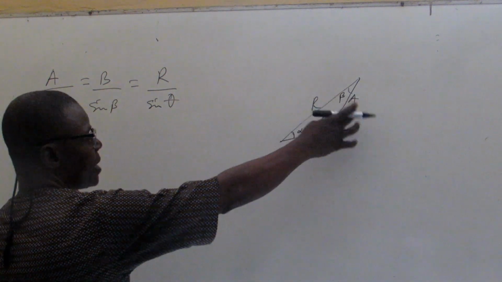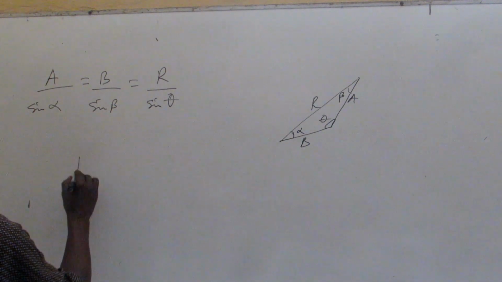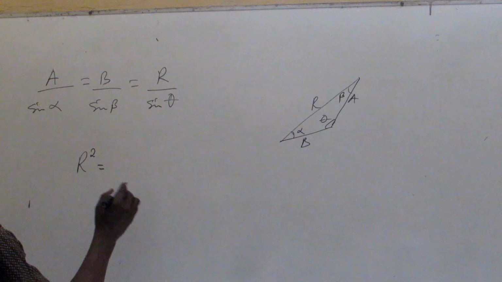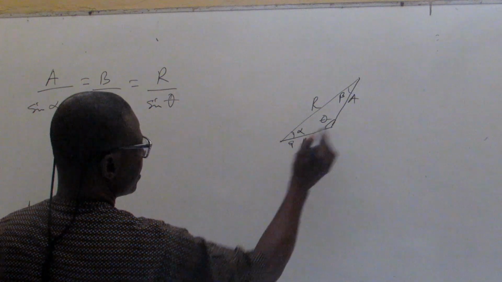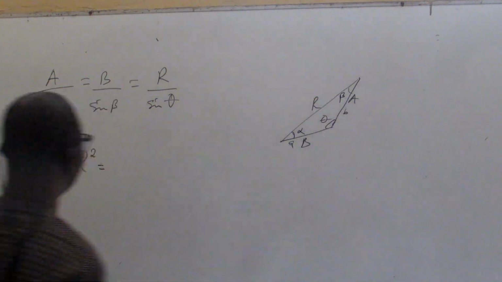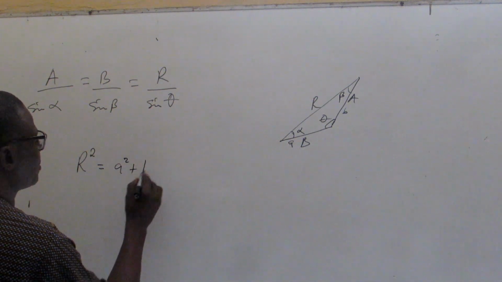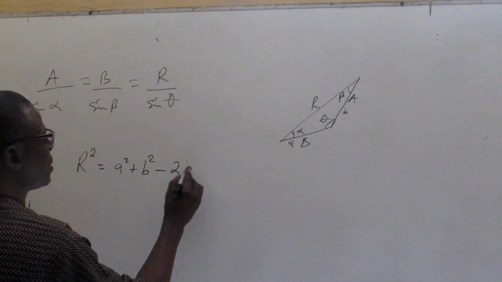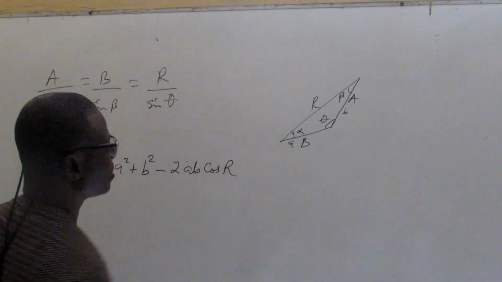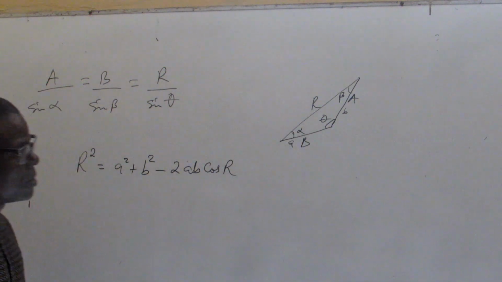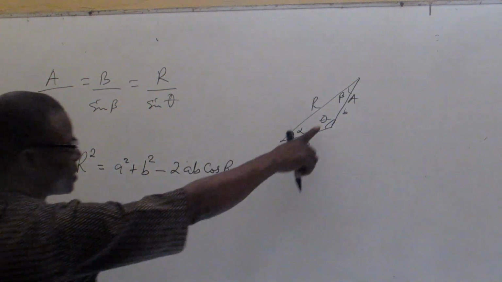In the cosine rule, we are told that, you see, this, we have R squared is equal to the side opposite this is called small a, and the side opposite this is small b. R squared is equal to a squared plus b squared minus 2ab cos r. In this case, it's r, which is opposite, the cos r or cos theta.